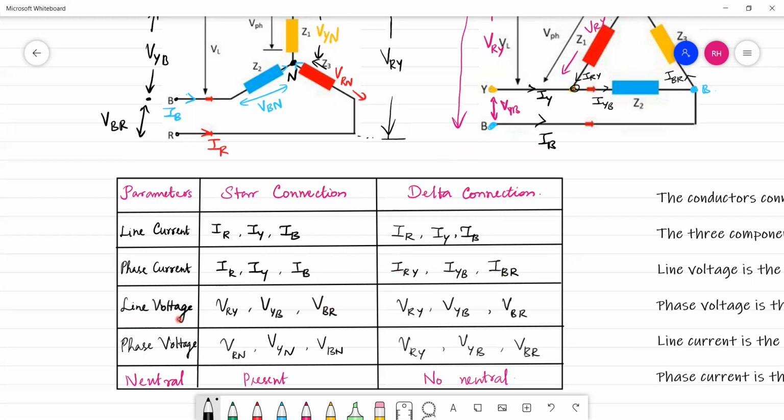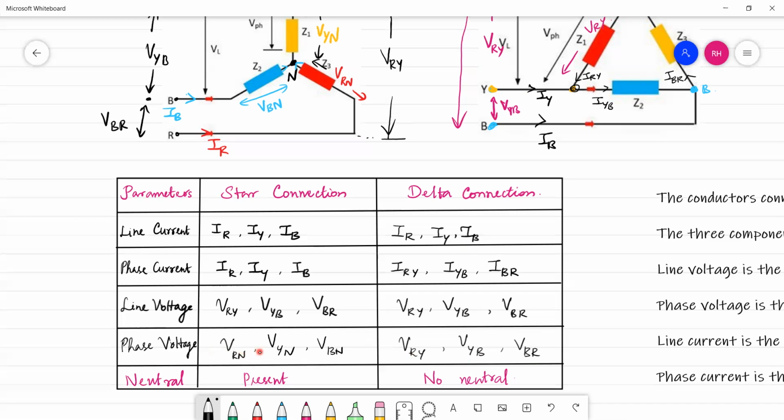And for the star connected system, the line voltages, that is the voltage that we measure between two lines or two phases, are VRY, VYB, and VBR. Similarly, the voltage that we measure across the two lines of a delta connected system is also the same. And for a delta connected system, this voltage appears directly across the component, and hence the phase voltages are also VRY, VYB and VBR.